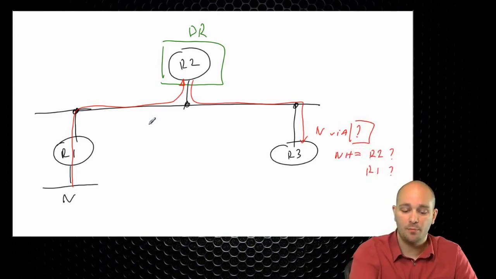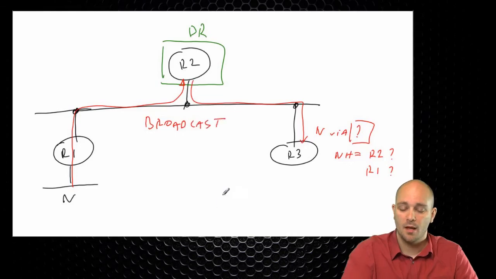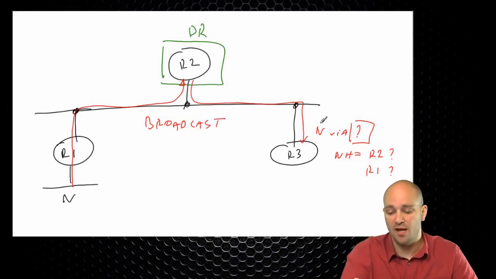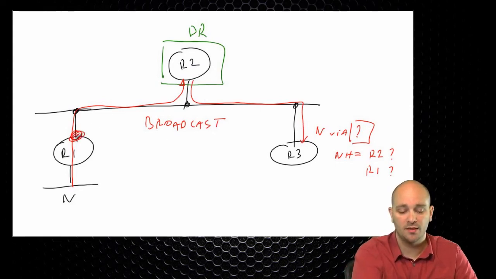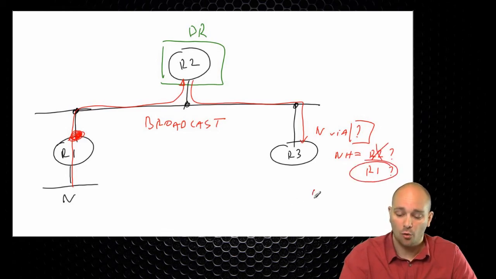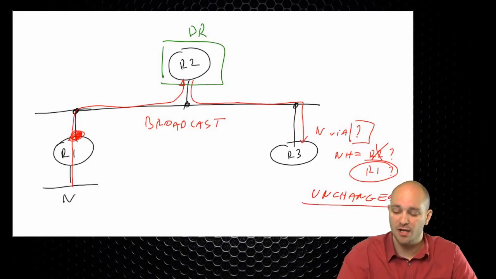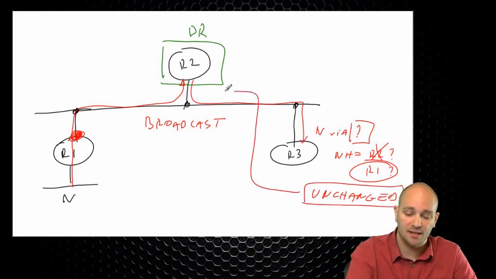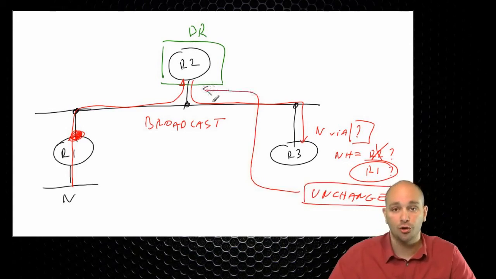Now, in a broadcast network type, the fact that R2 actually re-advertised this route is irrelevant. The next hop will still be the interface of the router R1 in this shared segment. So basically, it will be R1, or as I like to say, it will be unchanged because the hub side here, the DR, is not going to change the next hop when it re-advertises the route.